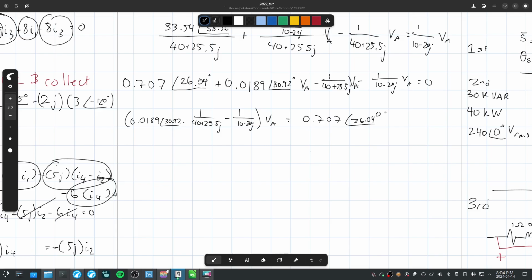We don't need Cramer's rule. We don't need matrices. This is a single equation with a single unknown. You should be able to solve this, and watch me mess it up. 26.04 degrees on top, and on the bottom is going to be 0.0189 with a phasor of 30.92 minus 1 over 40 plus 25.5j minus 1 over 10 minus 20j.